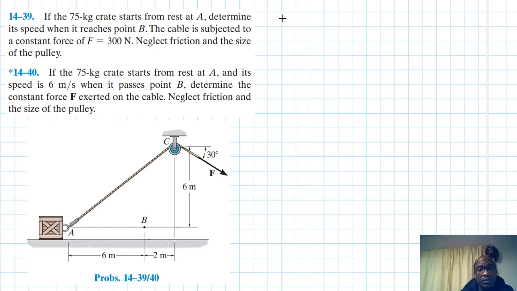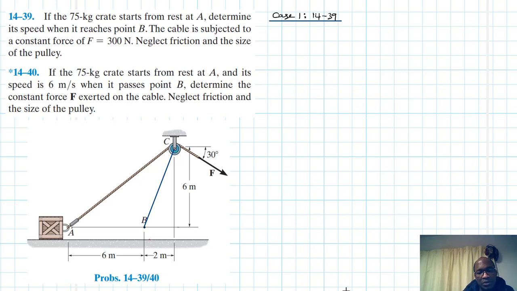Okay, so case 1, problem 14-39. What do we have here? Like we said, we have AB and we also have BC. This is the next point the box will have moved to.